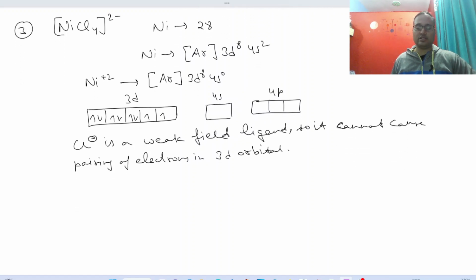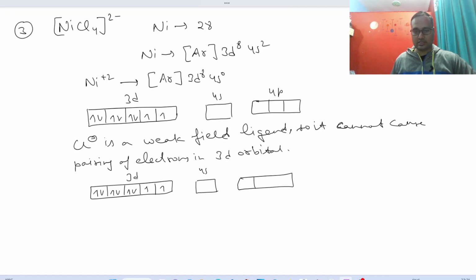So we'll be occupying 4s and the 4p orbital, and they undergo hybridization, that is 1 4s and 3 4p undergo the process of hybridization, which we call as sp3.